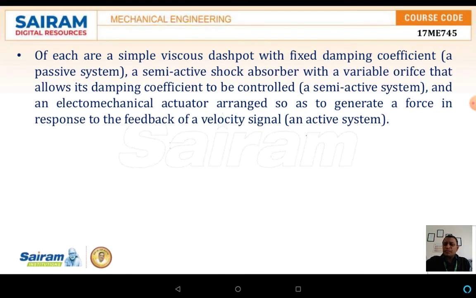For example, a simple viscous dashpot with a fixed damping coefficient, a semi-active shock absorber with a variable orifice that allows the damping coefficient to be controlled, and electromechanical actuators arranged so as to generate force in response to the feedback of velocity signals.